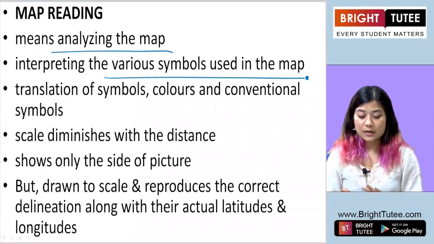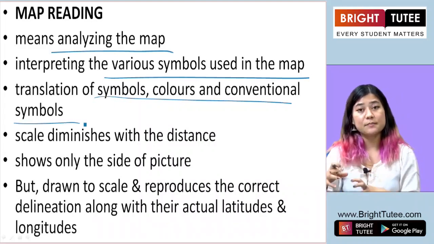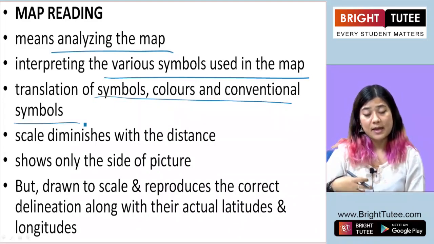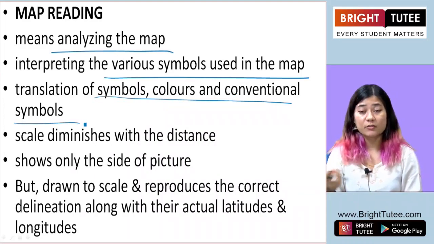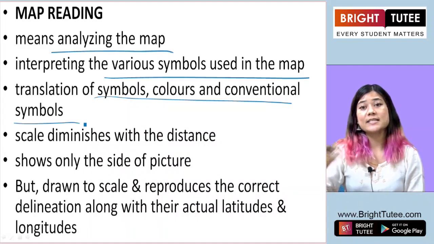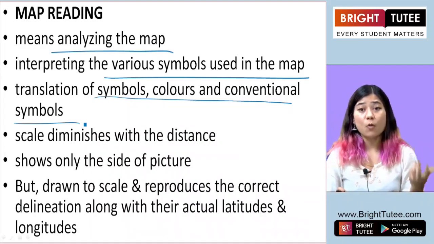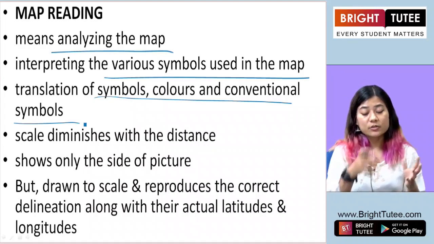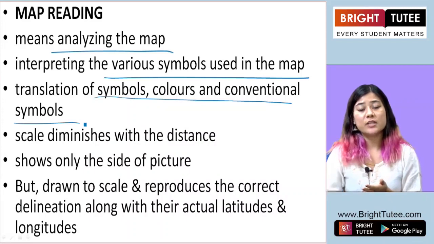Now the symbols, colors and conventional symbols are what is used in the map and they help in map reading. Okay, the symbols translate some information. If it is blue in color, it means water bodies. So the color symbol translates into the information that it means.